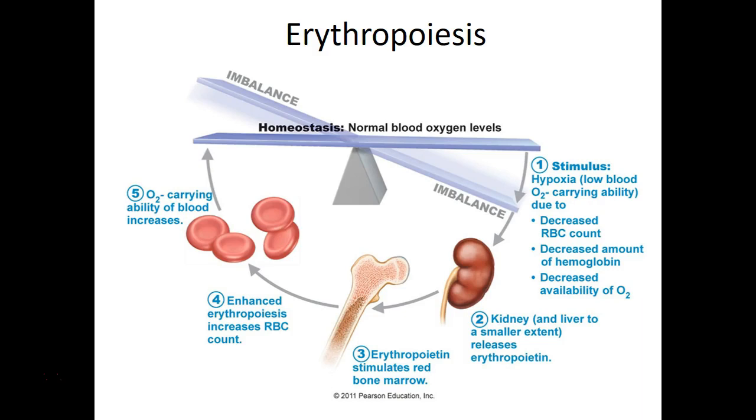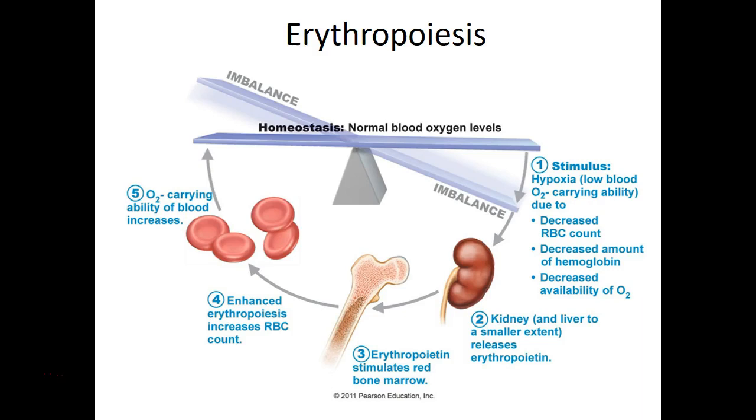Because they're responding to making more red blood cells. That's where they're made. And the hormone that's going to be stimulating that is erythropoietin. So it enhances more red blood cells to be made, and that's going to restore the oxygen carrying capacity.